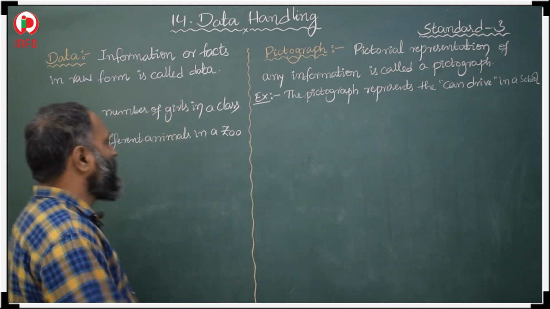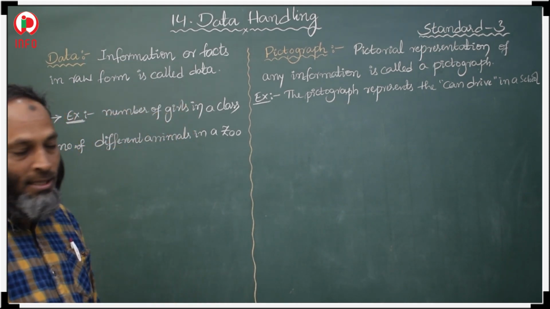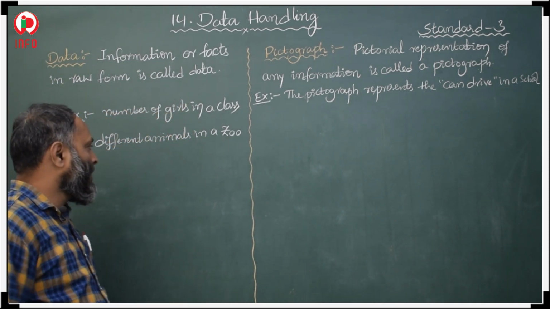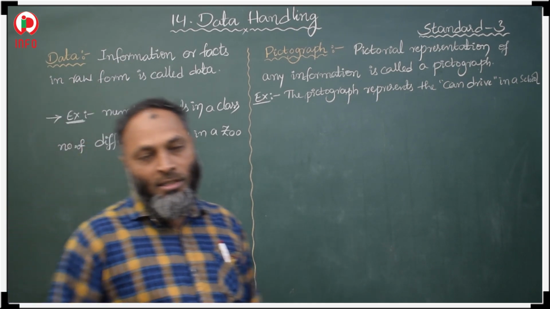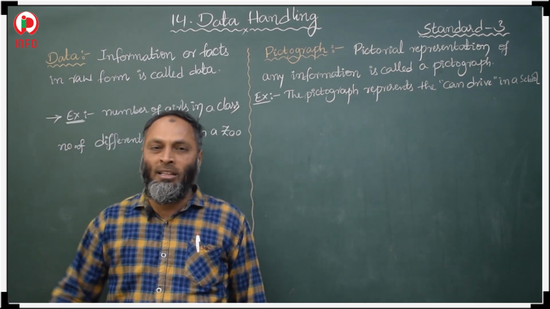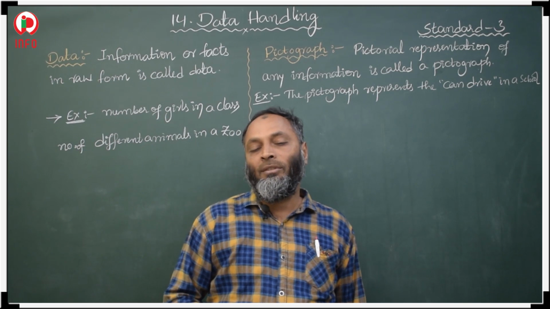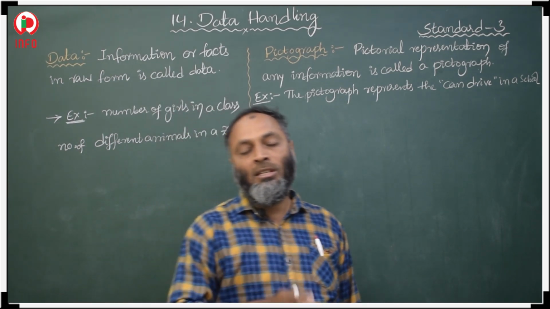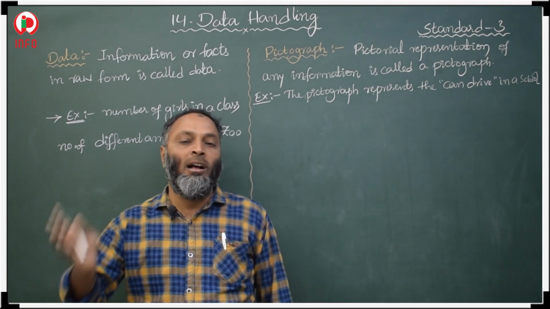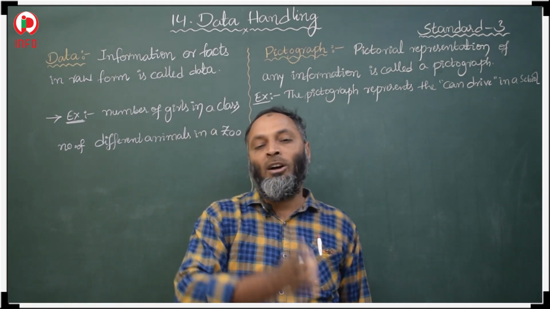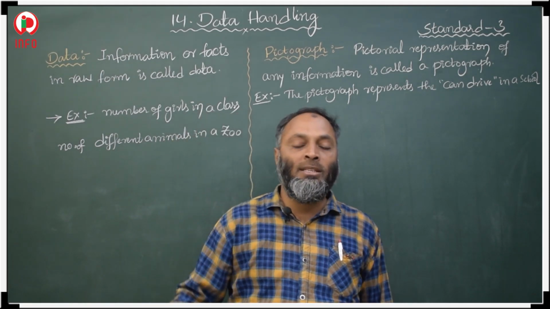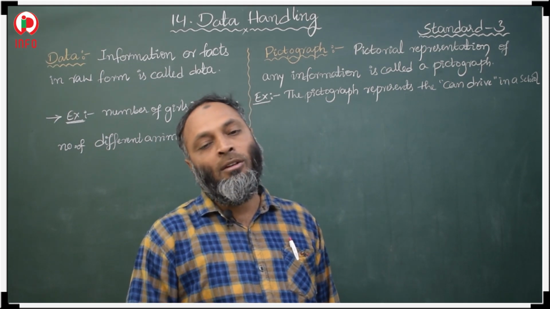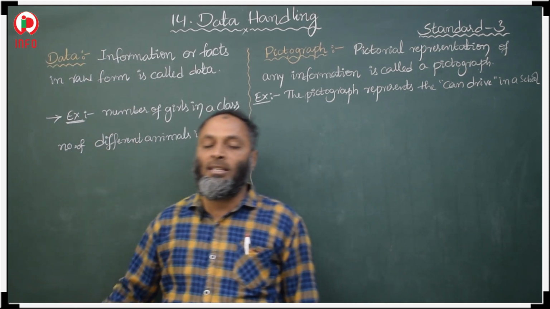Example: the number of girls in a class, and one more example is the number of animals in a zoo. In animals, the total number of animals is raw information. After that we change it into how many tigers, elephants, parrots, snakes, crocodiles and tortoises there are.